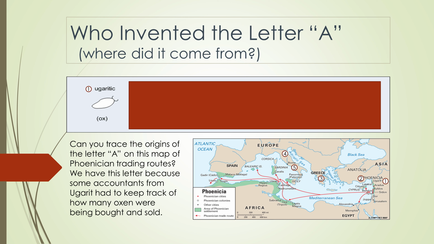And so every cow that was bought or sold, you put a little drawing of a head with horns on the clay tablet, and you scratched it into the still somewhat wet clay tablet with a pointy stick. Okay. So if you sold 5 cows, you had 5 little cow heads that went on your recording of who bought or who sold those cows.